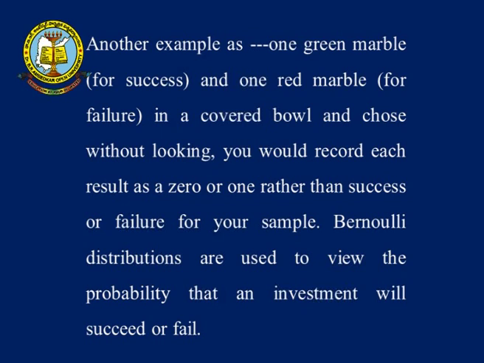We assume the green marble is termed a success and the red marble a failure. In the first trial, if the person picks up a green marble, we note it as a success. Ultimately the red marble is termed 0. So it is a 0-1 distribution, and the Bernoulli distribution is also related to the binomial distribution.